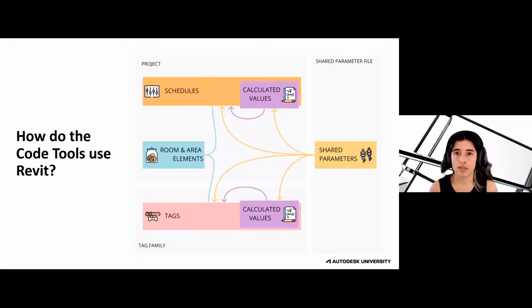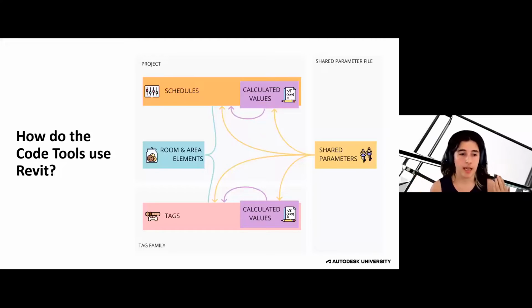The schedule is the major user interface that the architect has to input the data that they need and to check and make sure that the calculations are going through correctly. The shared parameters is a special type of parameter that helps synchronize the whole process. So it links to the schedule and the tag and the calculated values, making sure that everything is matching.